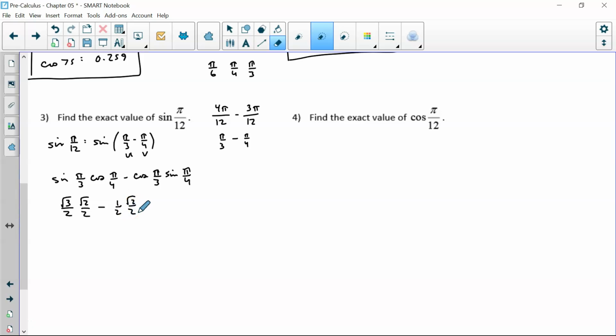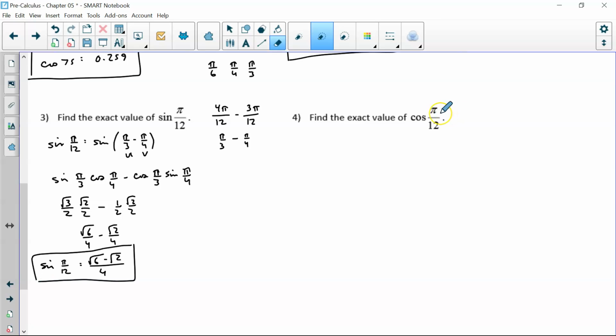So we get the square root of 6 over 4 minus the square root of 2 over 4, square root of 6 minus the square root of 2 over 4. That's the exact value of the sine of pi over 12. There's the exact value, and you can compare that to the decimal equivalents.